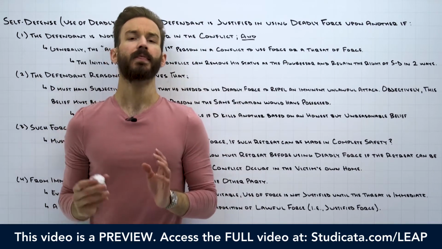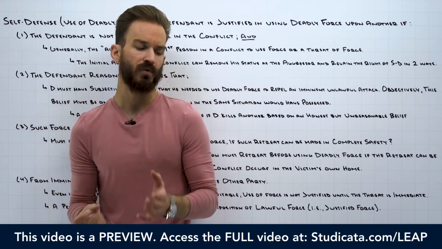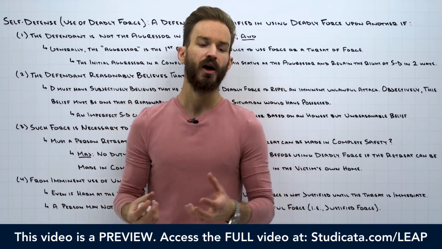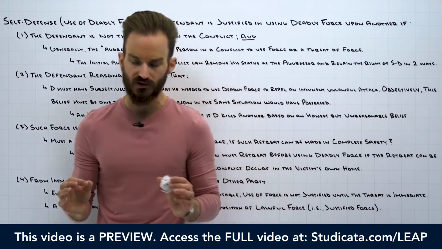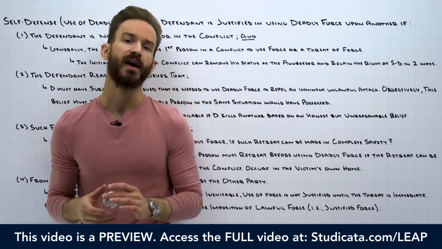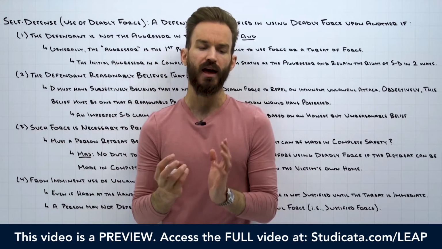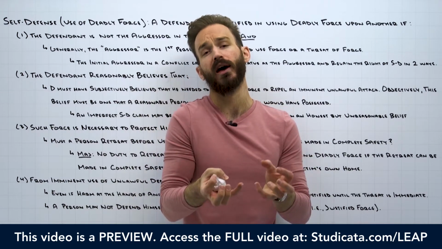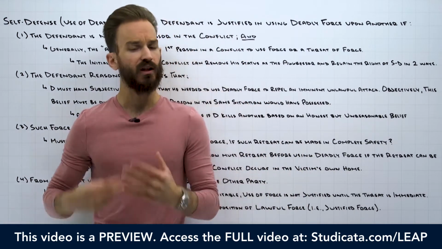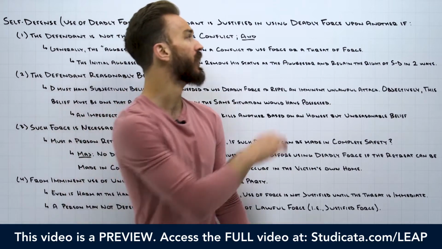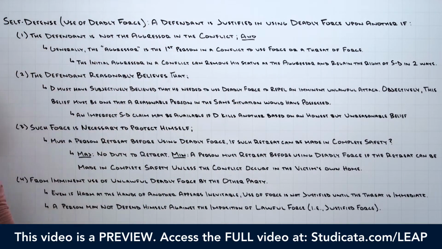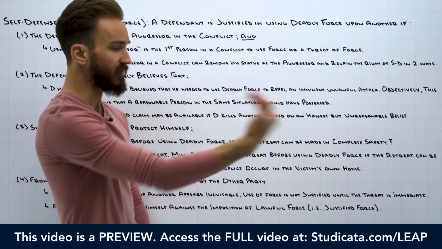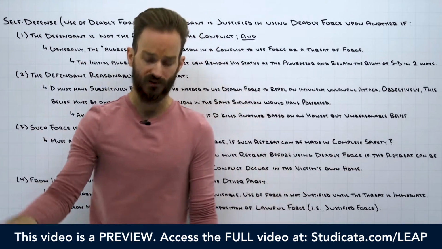There are several reasons, but one of the more glaring reasons is the concept of proportionality. Proportionality is one of the bedrock concepts of self-defense, and it's one of the first things we should be looking for in any fact pattern, especially where our defendant is using deadly force, like in this example, pulling out a gun and shooting somebody.